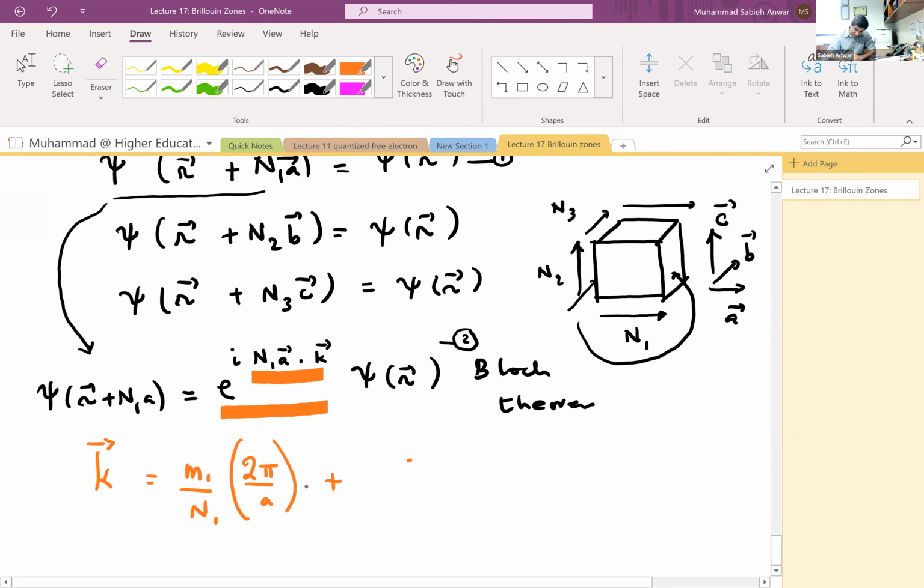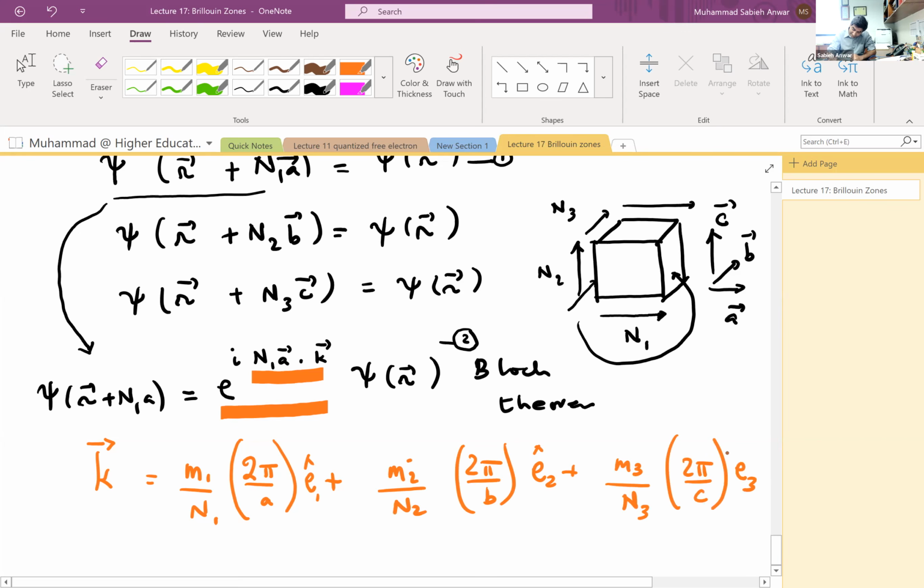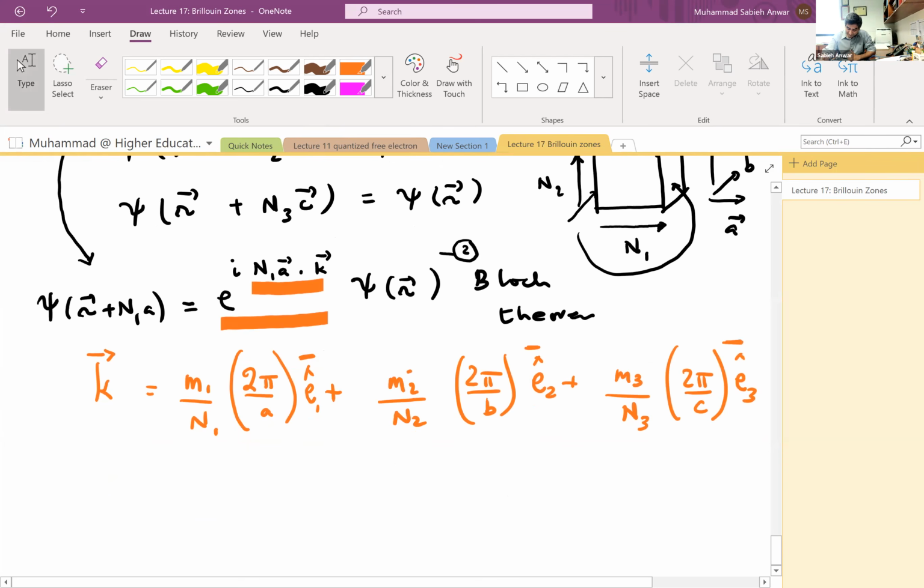Let's call it e1, plus m2 over n2 times 2 pi over b e2, plus m3 over n3 times 2 pi over c e3, where these unit vectors are in the direction of the reciprocal lattice vectors. Okay, because the k's are in the reciprocal space.